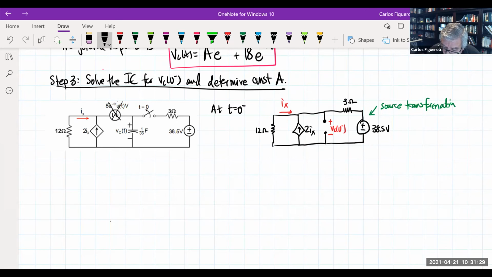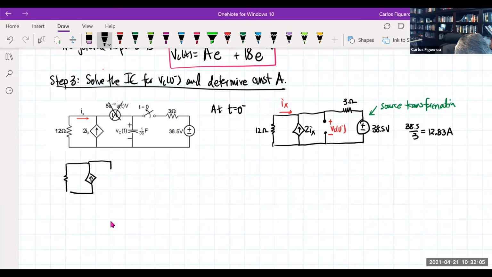Now, I'm going to have to multiply these. So let me do this here. I can't do this in my head. What's 38 divided by this? And I get a value of 12.83 amps. Okay. So if I do that, look what I'm going to get. I have a current source.